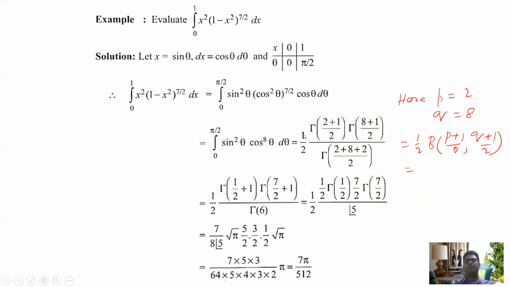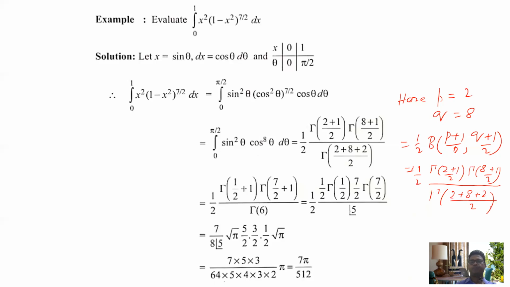So ultimately you have half, and from here you already know that half gamma of (2 plus 1) by 2, gamma of (8 plus 1) by 2, divided by gamma of (2 plus 8 plus 2) by 2.